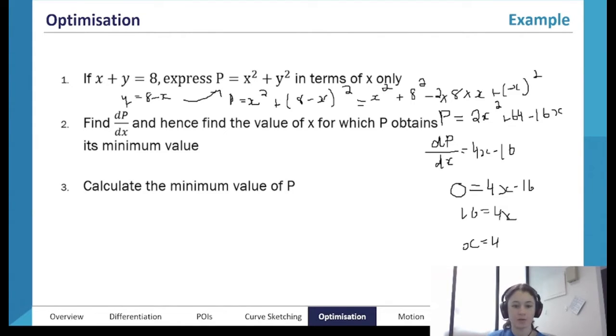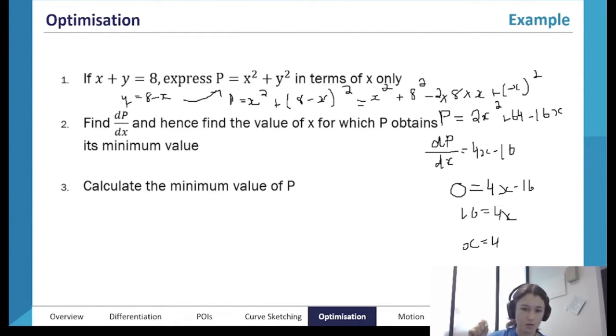Now, the question asked us to find when p obtains its minimum value. So we need to actually prove that this value is a minimum. And this is one more thing that you should be very, very wary of in optimization questions. So often you'll be asked to find a minimum or maximum value. You need to verify that the point that you've achieved is a maximum or a minimum using the skills that we've learned previously in the lecture.